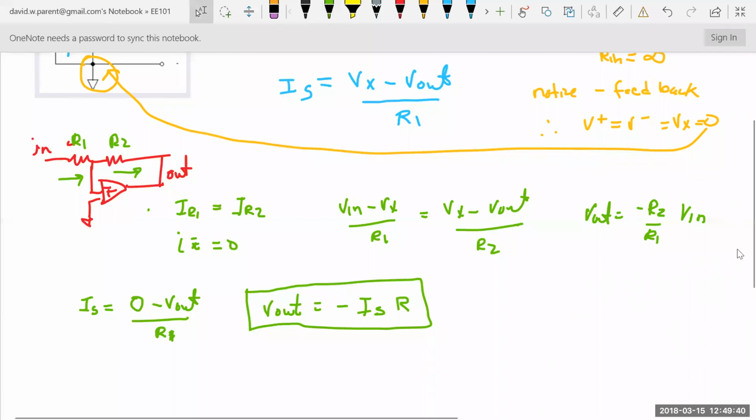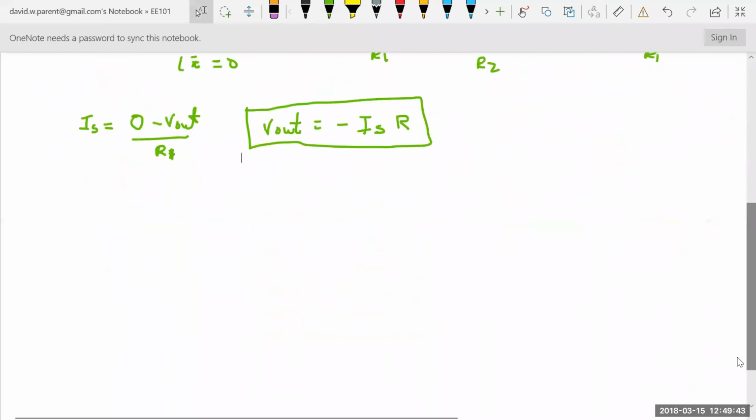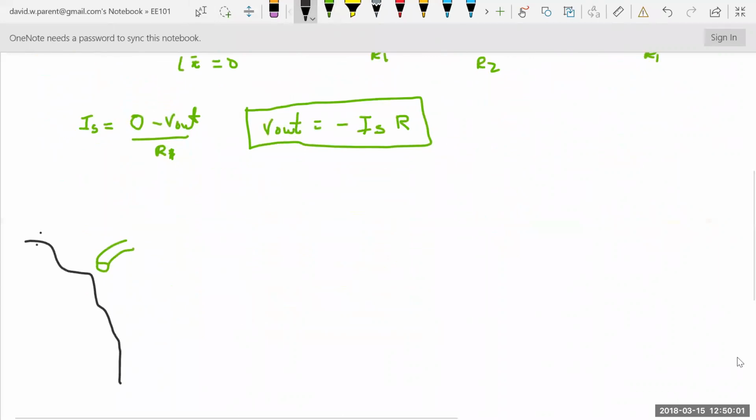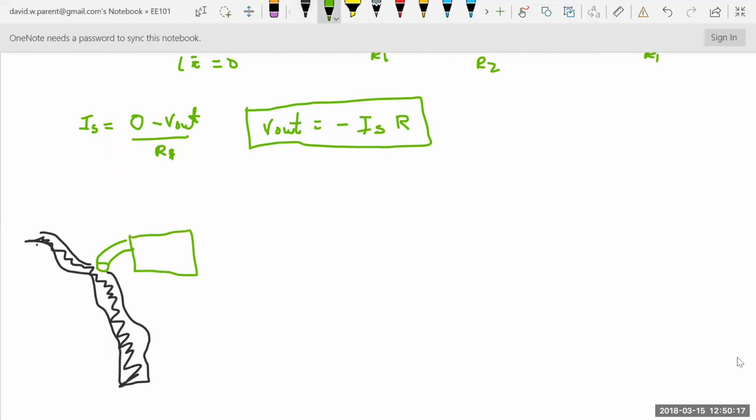Now this kind of circuit, right, you can have your detector on a robot. I know, I can't draw very well, right?